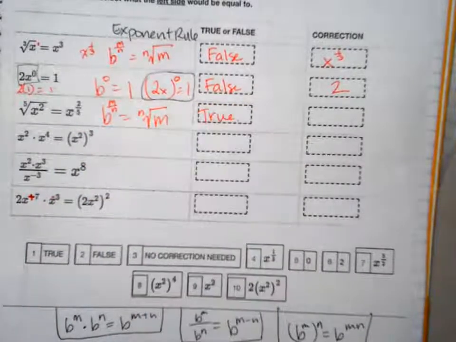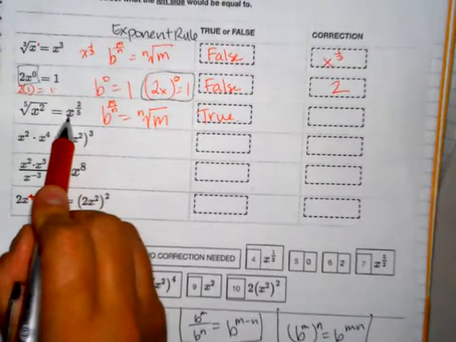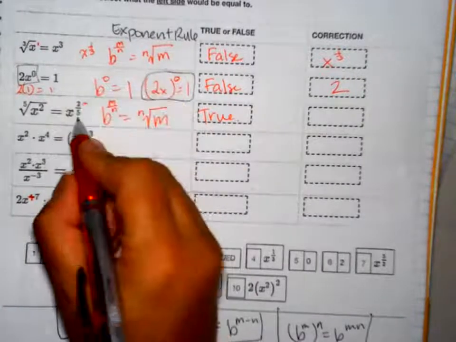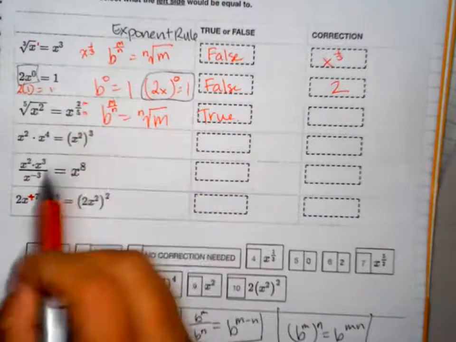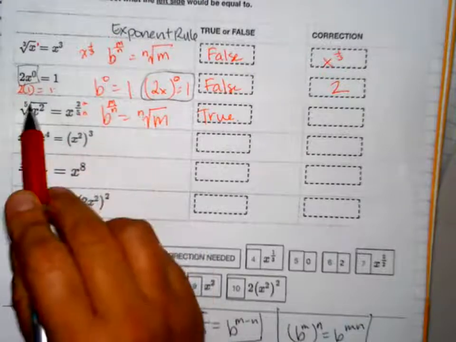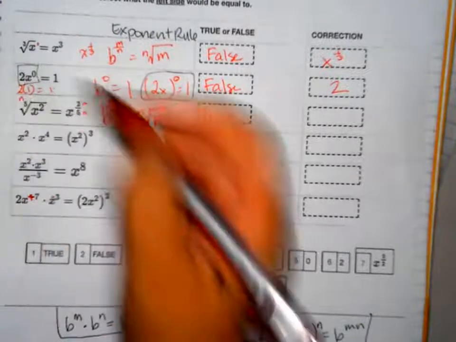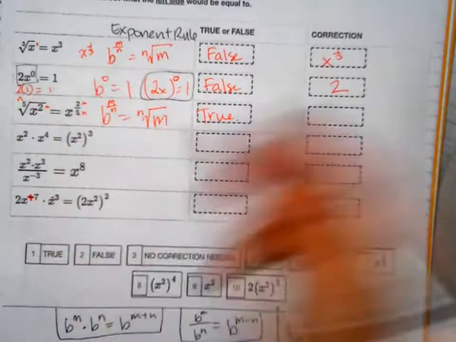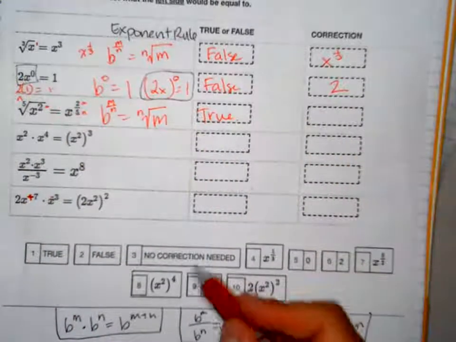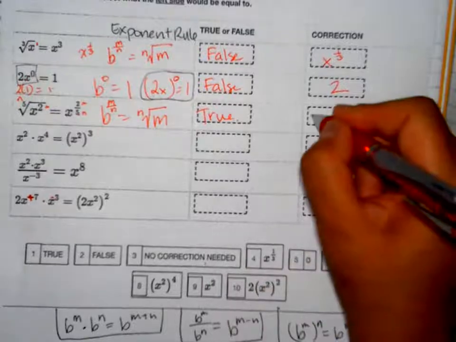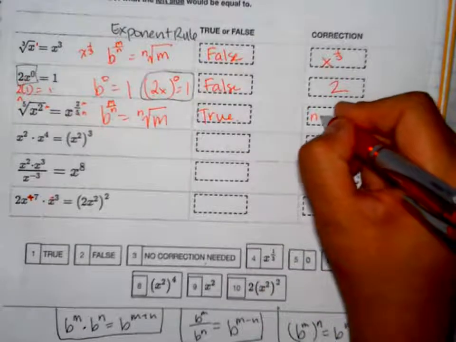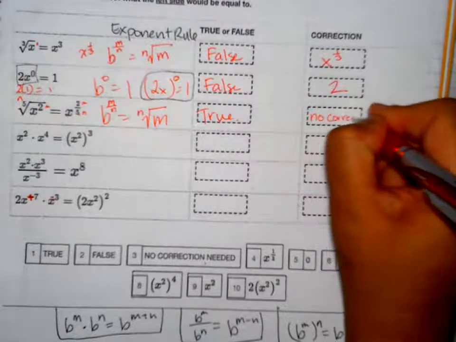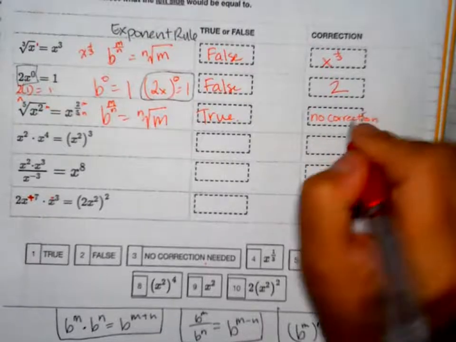All right, so let's look at this one. b is x, 2 is m, 5 is n. When I do it this way, n goes on the outside, it's 5, and m goes on the inside, it's 2. So these are correct. And on your homework, there was an option called no correction needed. So you would put that for here. And again, this was on one of your homework assignments.